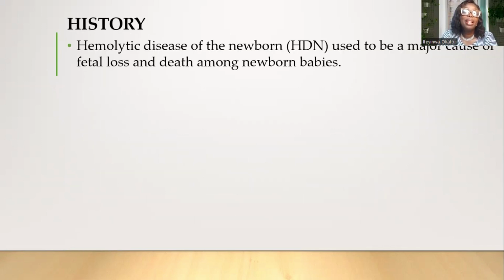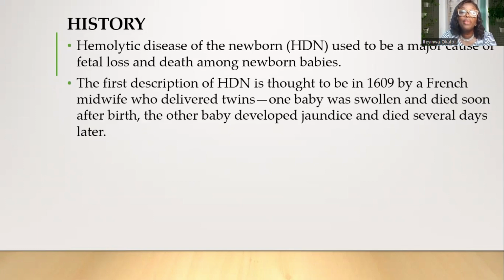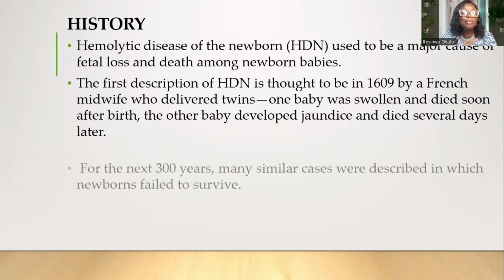History. Historically, hemolytic disease of the newborn used to be a major cause of fetal loss and death among newborn babies. The first description of HDN is thought to be in 1609 by a French midwife who delivered twins. One baby was swollen and died soon after birth. The other baby developed jaundice and died several days later.